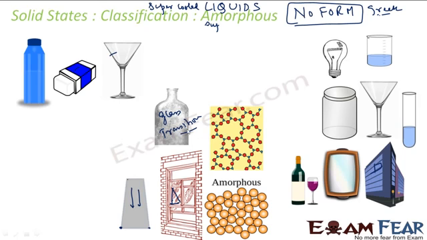This temperature is different for different kinds of glass or amorphous substance, and that's why the glass from the ancient civilization is a little milky.